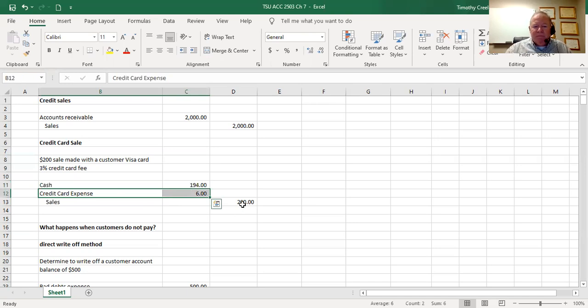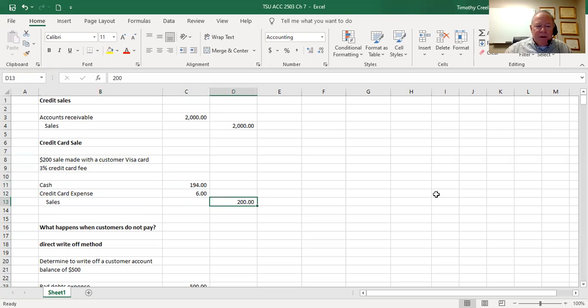So the company will submit this sale for 200 and they're going to get back 194, with the fee taken out of what they're getting back from the credit card company. So just think of how credit card sales are handled in terms of a business.